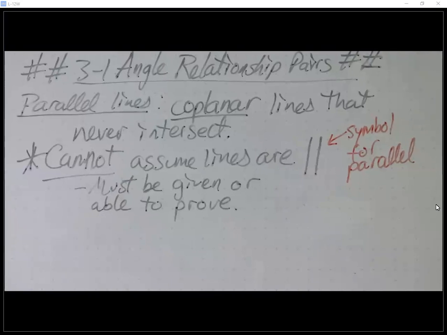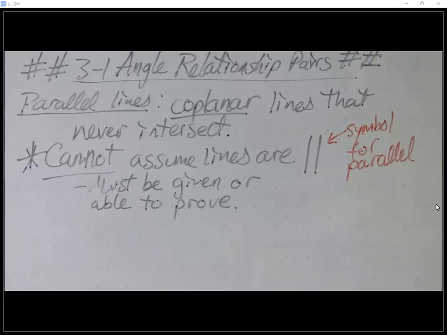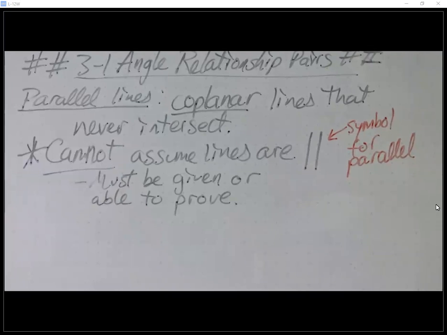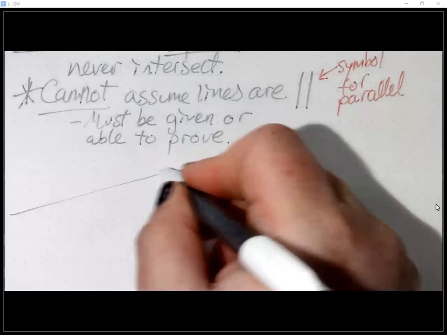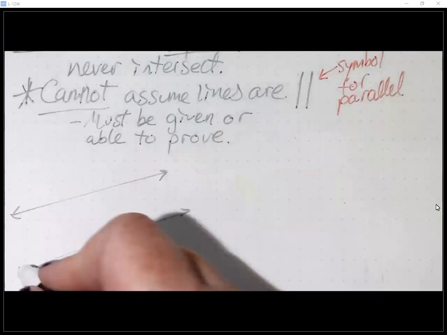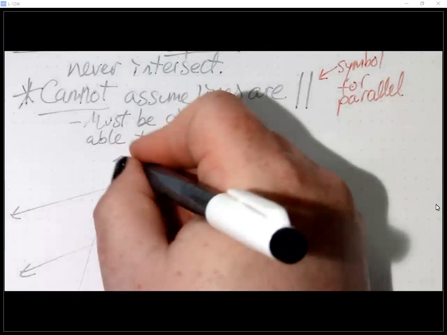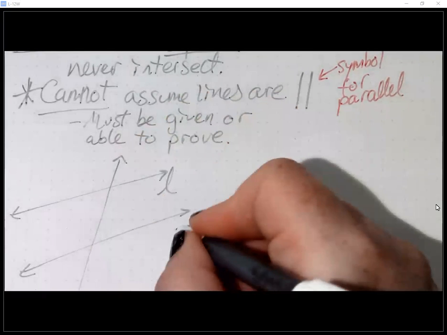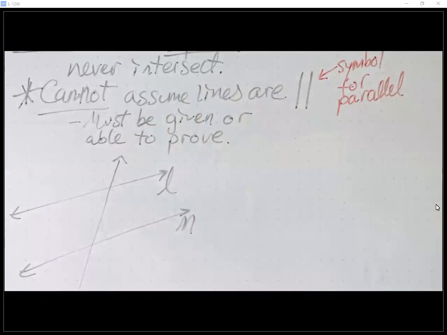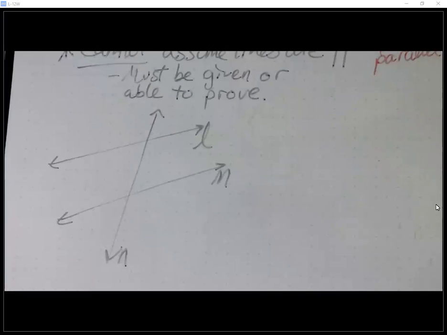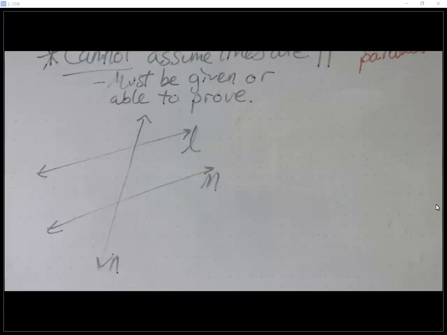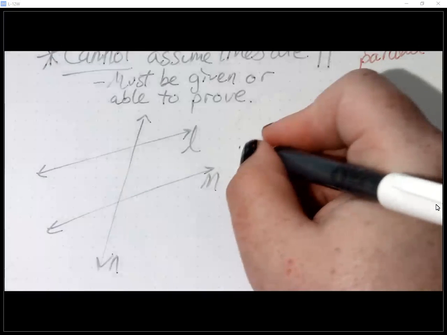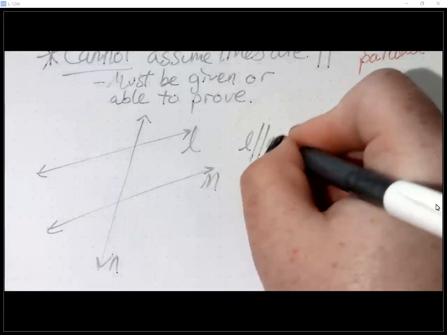There's a couple of ways that I could tell you that lines are parallel. I could literally come out and say, so let me draw you a diagram. Let's say I had something like this and I had lines L, M, and I had N down here. If I wanted to show you that lines L and M were parallel to each other, I could, somewhere off to the side, say L is parallel to M, like that.